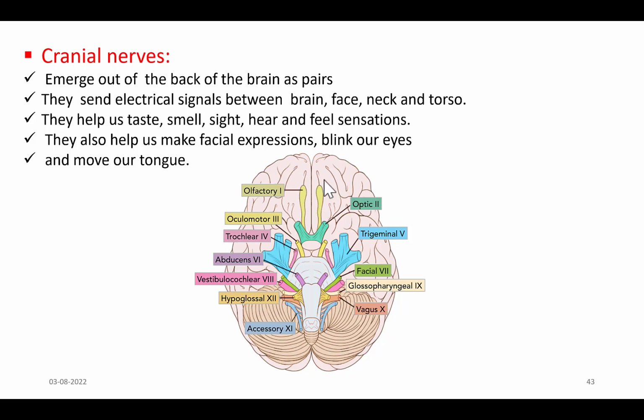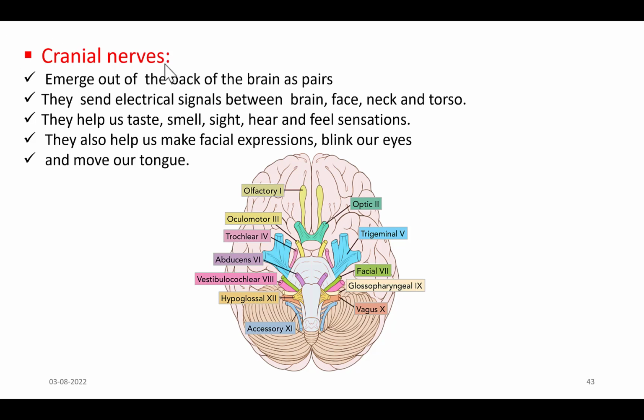Then the brain sends commands to our muscles to run away. And that command is in the form of electrical signal. Got it? So all the information transmission inside our body occurs in the form of electrical signals. That is what you have studied in sense organs chapter in class 9. Got it?